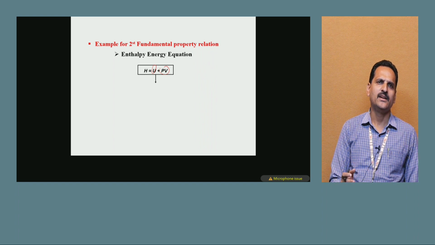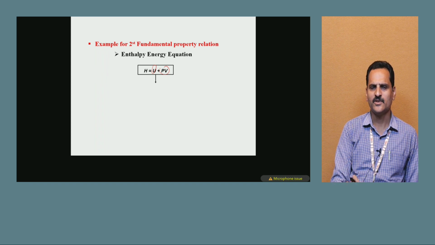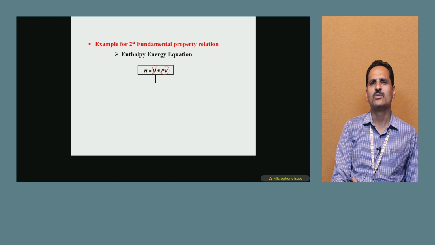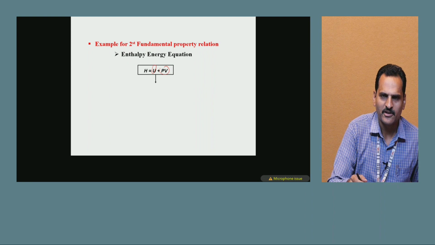Mathematically, H is equal to internal energy plus PV, the external work done by the system or on the system. So the sum of internal energy and external energy gives the total heat content of the system, that is called enthalpy.